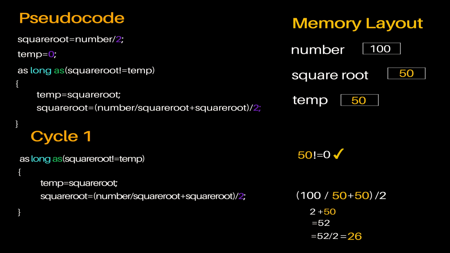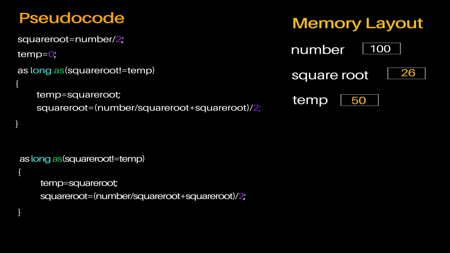So this value should be initialized in square root. But what was the initial value of square root? Initially, the value of square root was 50. So I would be initializing this square root variable with a new value called 26. Since we are within the while loop, I would again check the condition.